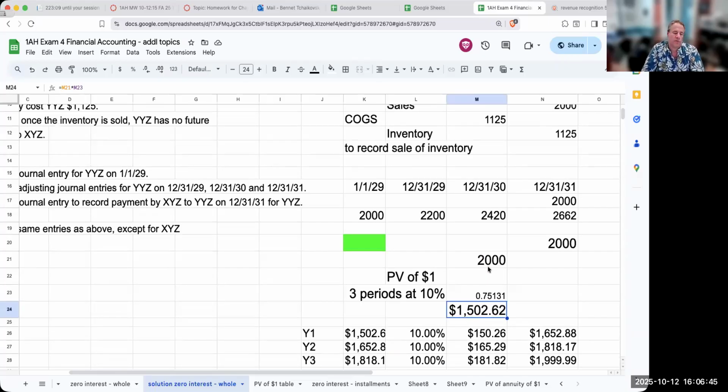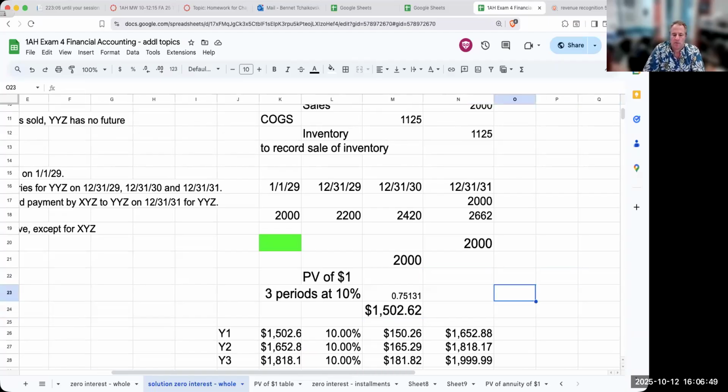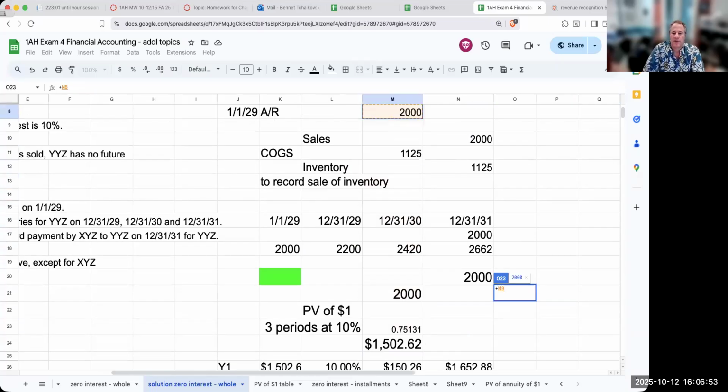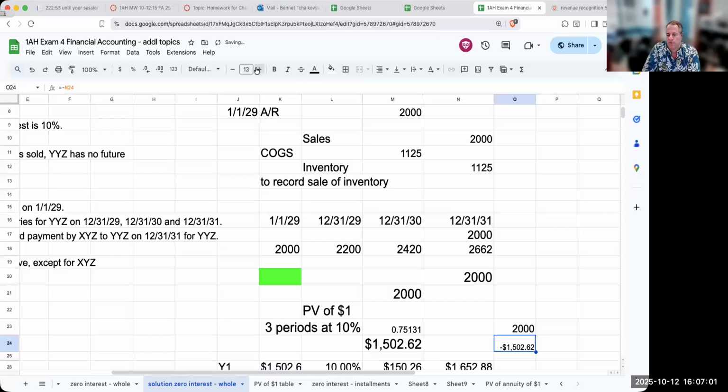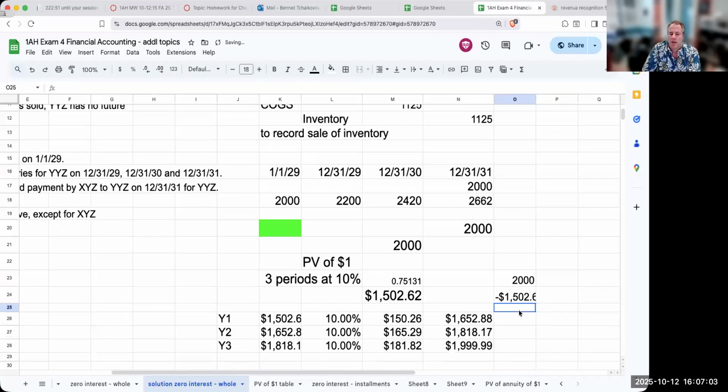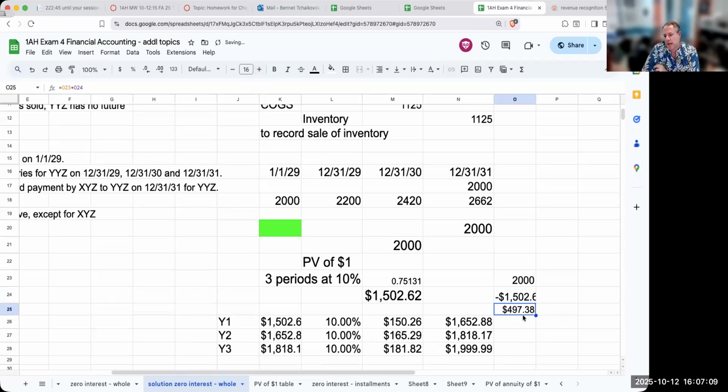So what I'm going to do is say, well, 2,000, which is the amount that's owed to me in 3 years, and I'm going to subtract my present value that I just completed. And essentially over here, this is going to come up with the difference of 497.38.